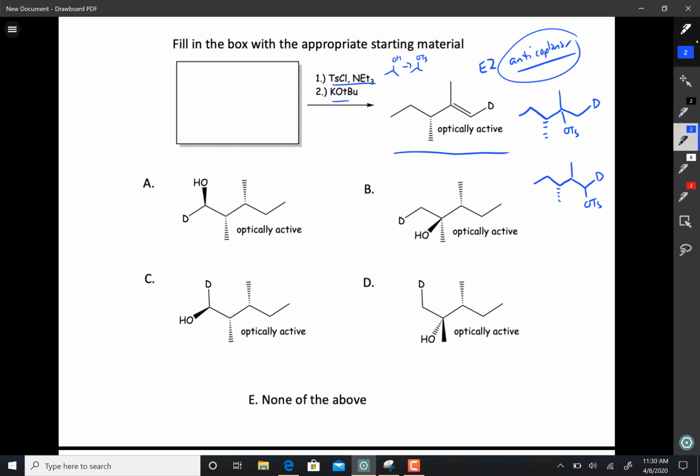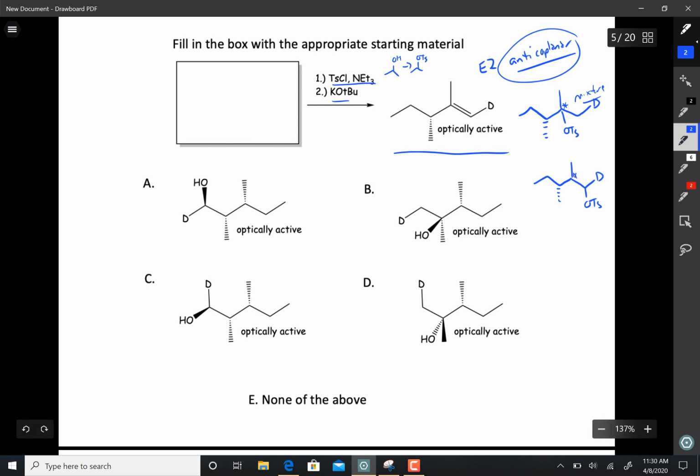And so when we do this reaction, in order for the anticoplanar rule to apply, the alpha carbon and beta carbon must both be chiral centers. In this case, the alpha carbon on the top one is a chiral center, the beta carbon is not. As a result, you get a mixture of diastereomers.